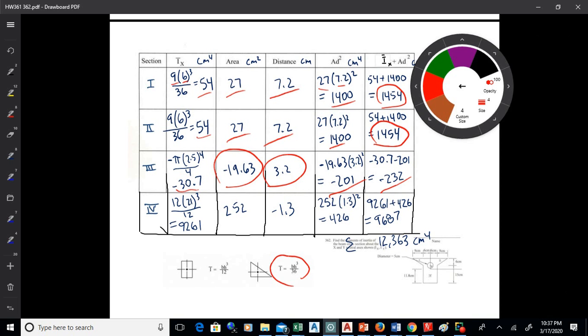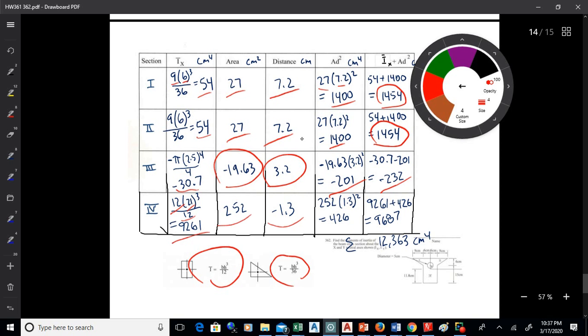Okay, the rectangle then, base of 12, height of 21, so 12 times 21 cubed over 12 because it's a rectangle. That's the formula for a rectangle. That's the moment of inertia of that rectangle about its own centroidal axis. It's 9261. Area is 252. Offset distance is negative 1.3, so that negative will go in there, but it just squares out, so it doesn't really make any difference, okay?